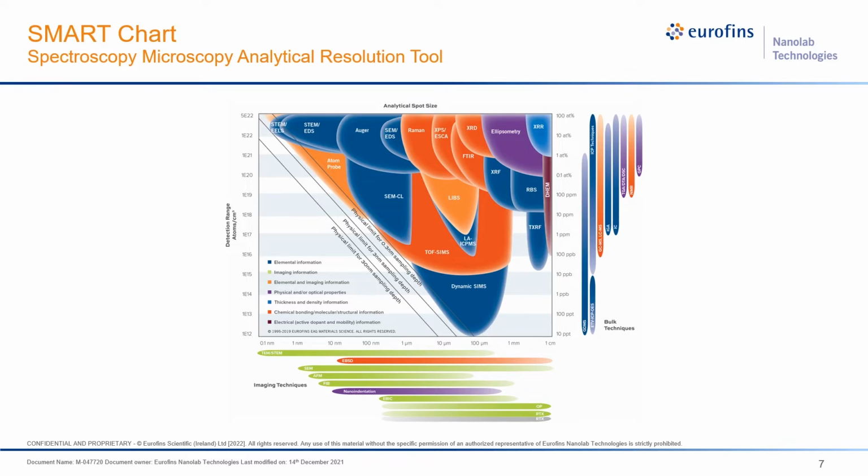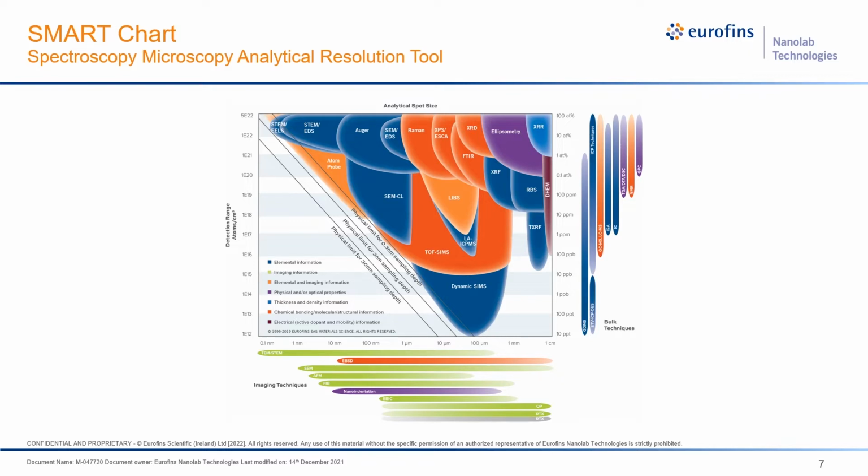By looking at this chart, if you want to know about a certain technique's specification, just find the corresponding bubble on the chart. So it's also called the bubble chart. For example, if I want to know about dynamic SIMS, then I just find the bubble of dynamic SIMS here, and I can see the x-axis, the spatial resolution around a couple of tens of microns, and the chemical sensitivity could be up to 10 ppt.